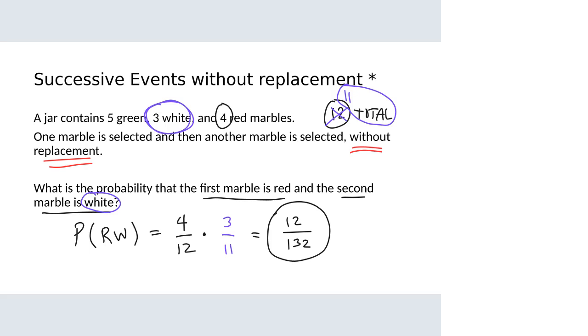Last time it was 12 out of 144. Basically what changed is by doing this without replacement, the number of outcomes in the second draw was smaller, so the total number of outcomes overall was smaller. And that's what changed from the last one to this one. Any questions about what we did there and what without replacement means for us?